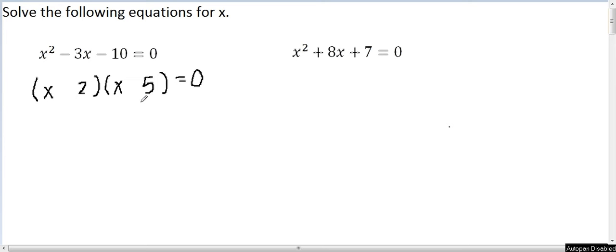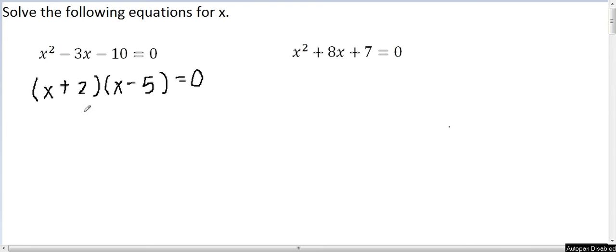So we need to subtract. 5 minus 2 is equal to 3, so it matches the middle term. We need to make sure that the middle term 3 is minus, so we're going to make 5 the more negative number, or minus, and we make 2 the positive number, so we get x plus 2 and x minus 5 multiplied together is equal to 0.